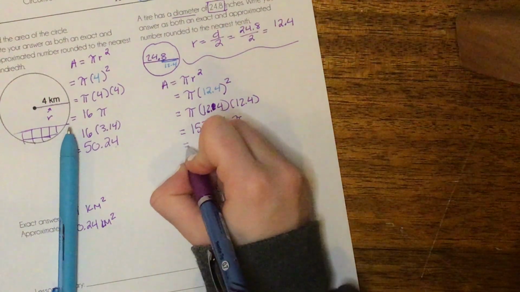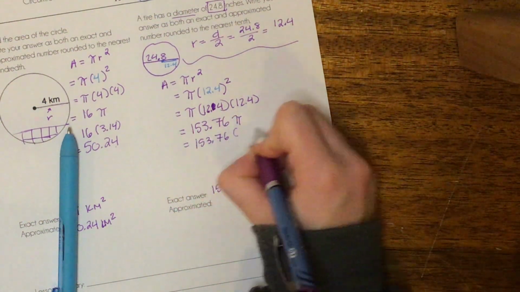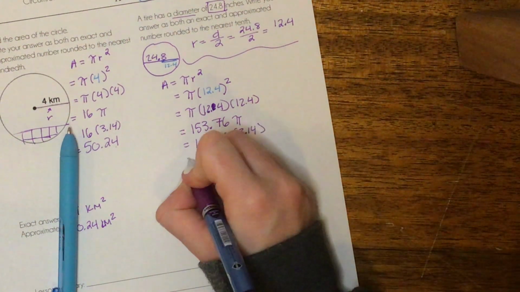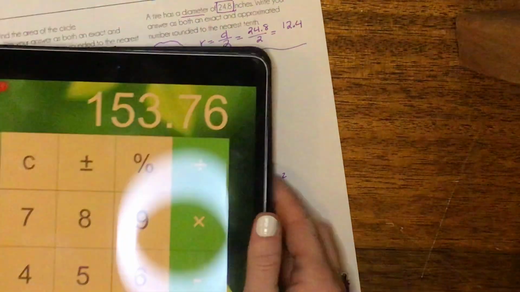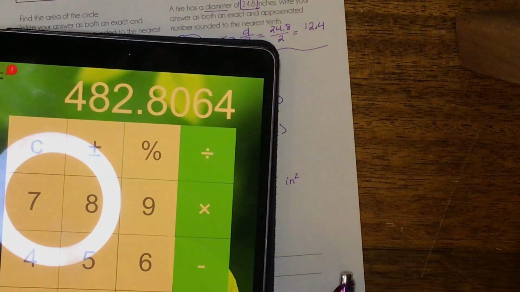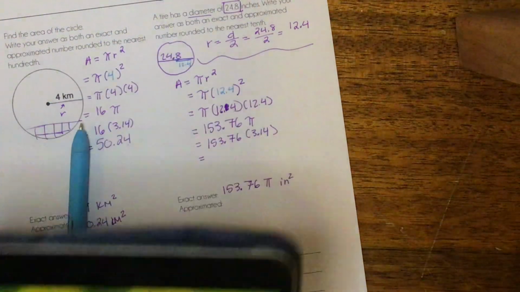Okay, to get an approximate answer, it's not going to be the most fun thing, but instead of pi, we're going to multiply by 3.14. So this number times 3.14 is 482.8064.